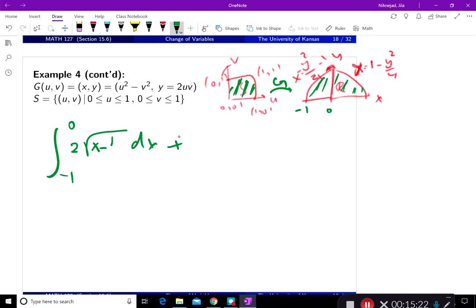And then similarly from 0 to 1, integral 0 to 1, solve for y, and you get the square root of 1 minus x, times 2, dx.